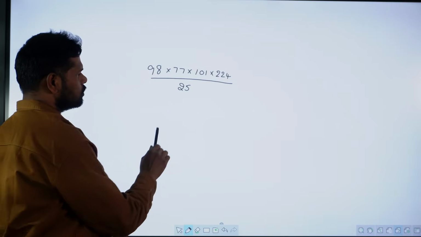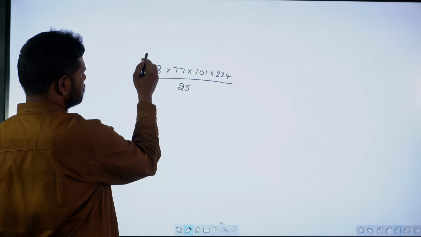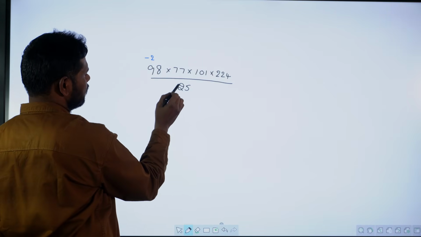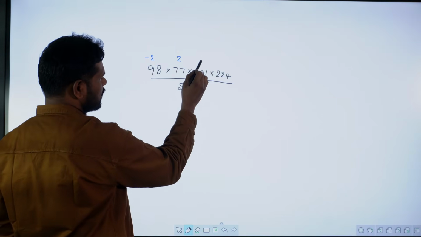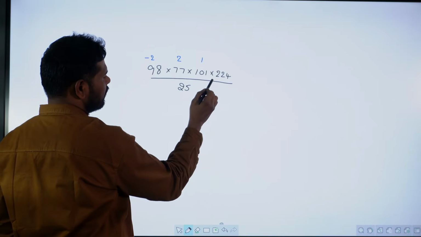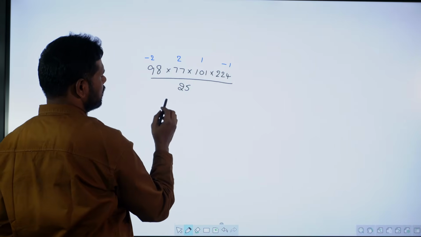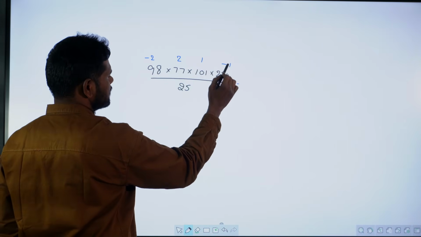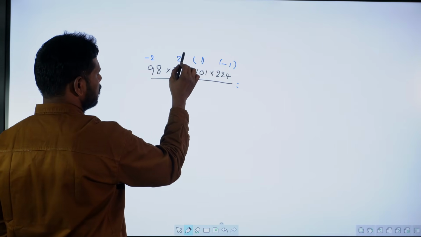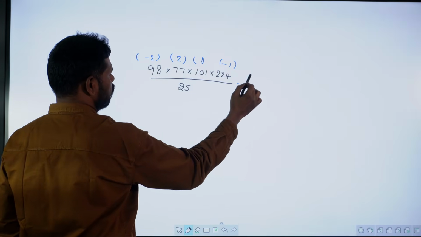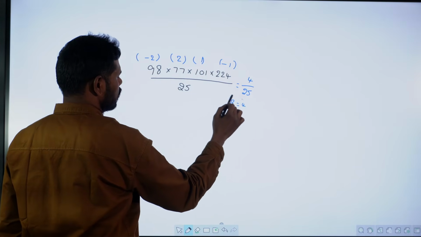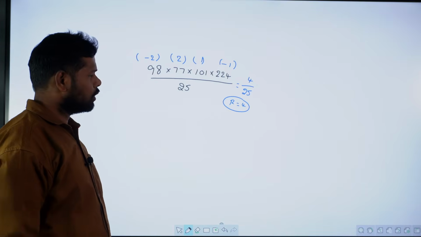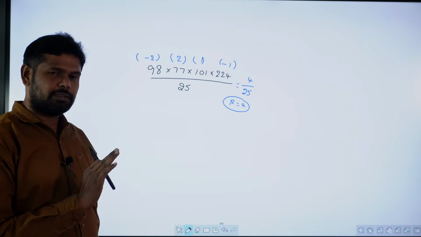Simple. 25 4s 100, so minus 2. 25 3 75, plus 2. 25 4s 100, plus 1. 25 9s 225, minus 1. Minus into minus is plus. 2 into 2 into 1 into 1 is nothing but 4. 4 by 25, what is the remainder? 4 only. That's it. This is very easy.